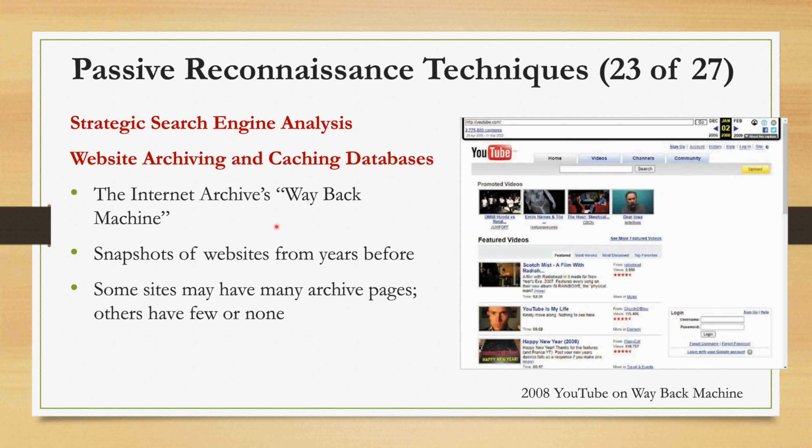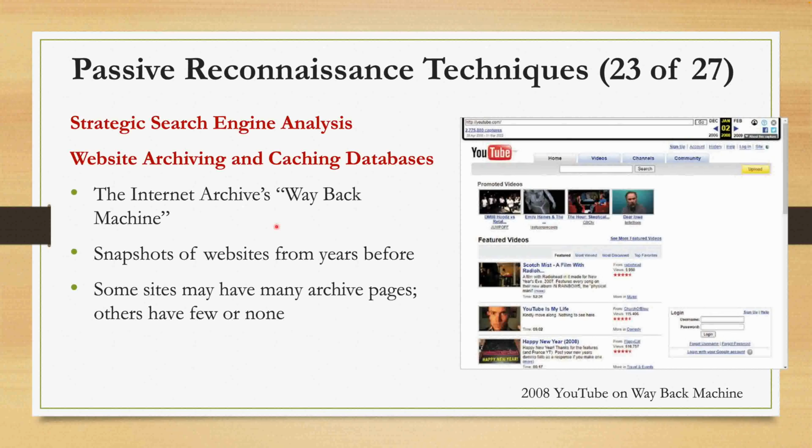Archive snapshots may contain sensitive information, like old directories, file names, subdomains, system technology, services, employee directories, internal emails.